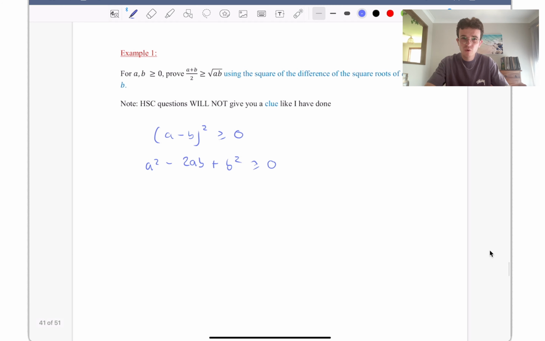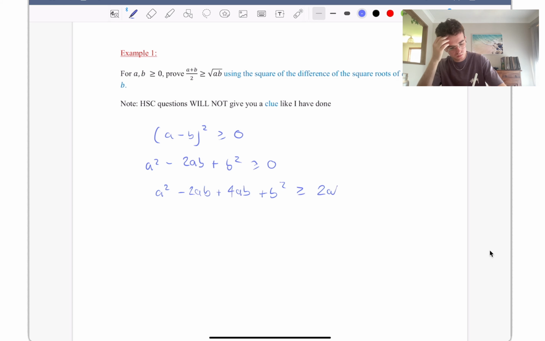And if we add 4ab to both sides, the reason I'm thinking we add 4ab is because I've got a 2 down here, and if I put the 2 up here and squared it, I'm going to get 4ab. Now we can add something to both sides in inequalities and it still is true.